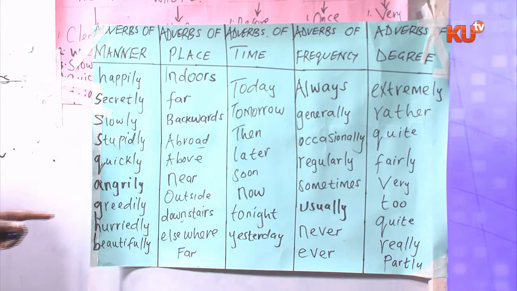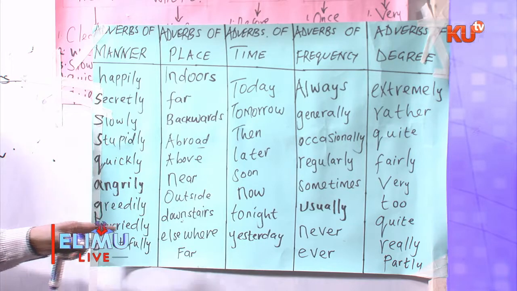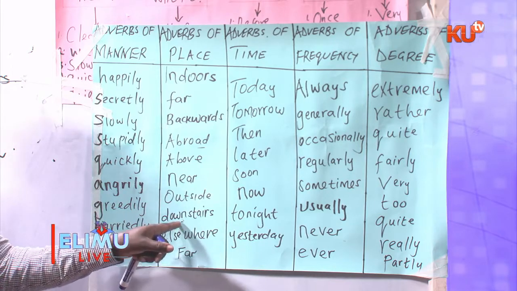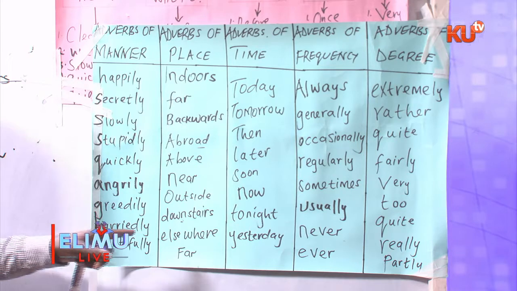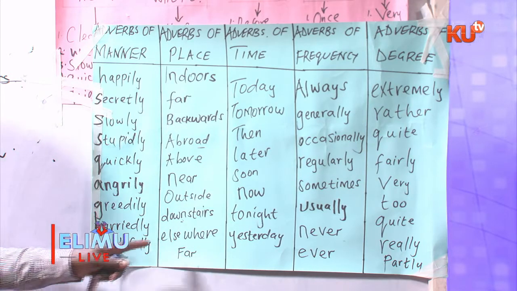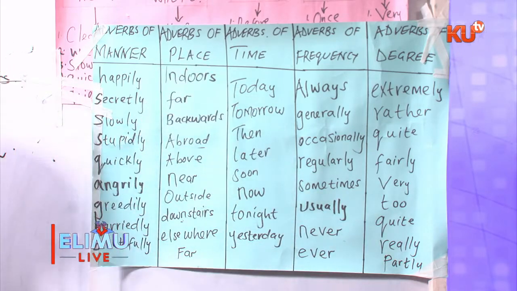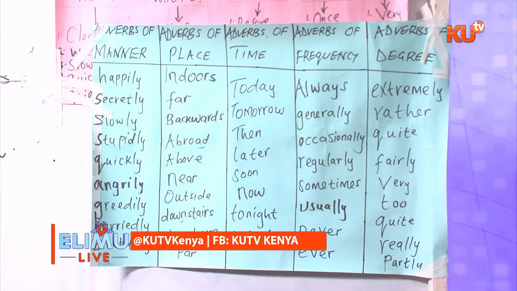We also have the adverb outside. We also have the adverb downstairs. We also have elsewhere. Try to construct your own sentences using those adverbs to check whether you have understood.